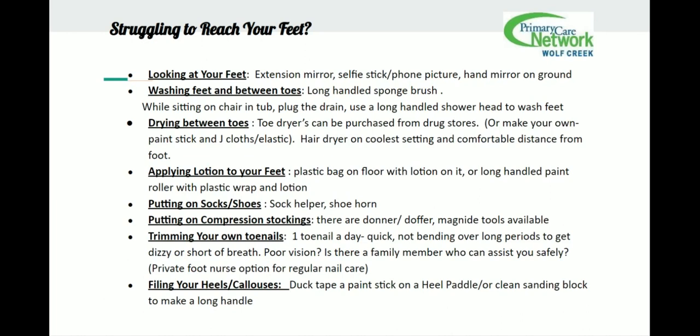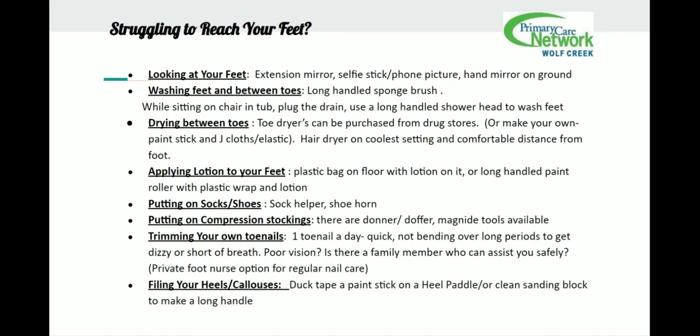But if you have poor vision, you likely will have to get a family member to assist you with some nail trimming. Also, if you do have problematic nails that need more assistance, or there's no family member to help you, you can get a private foot nurse for regular nail care in your home or sometimes out of a clinic. That is something you do have to pay for.